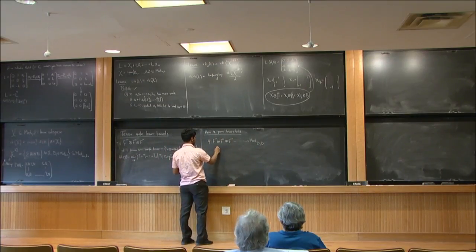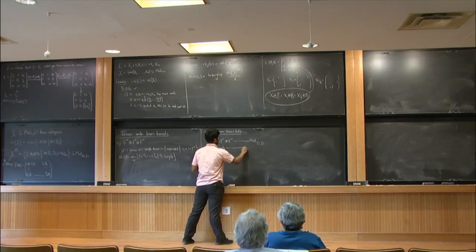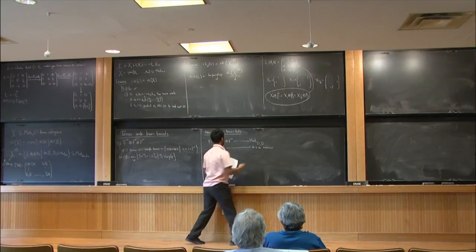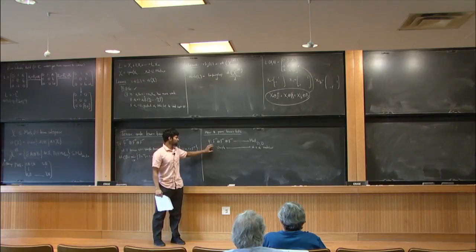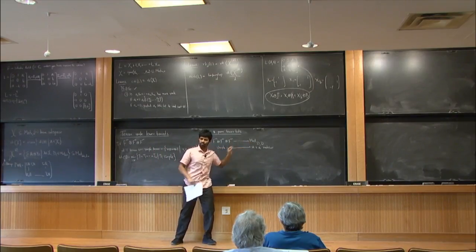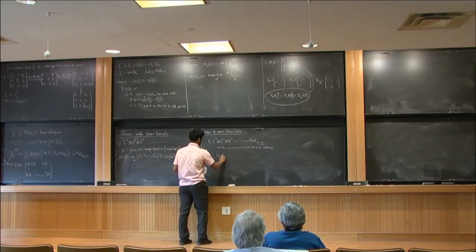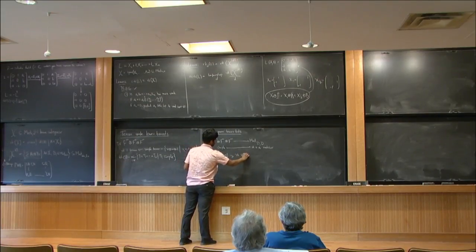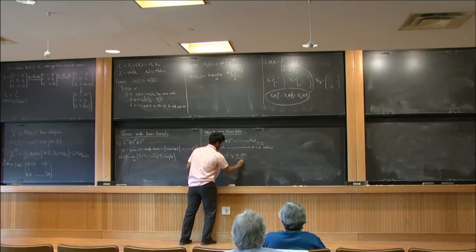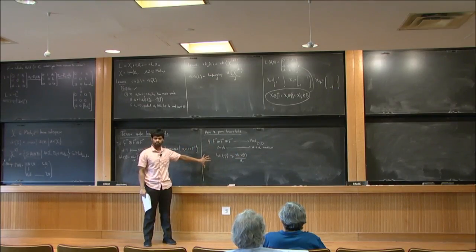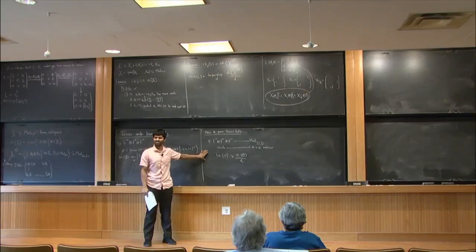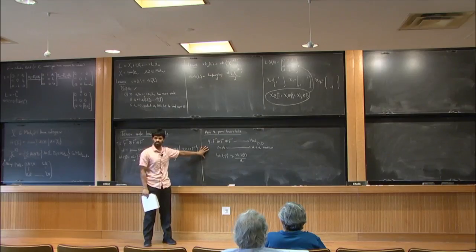Suppose all the simple tensors go to matrices of rank less than or equal to A. This is a map that has the property that every simple tensor goes to a matrix whose rank is at most A. Then I claim the tensor rank of any tensor in here will be greater than or equal to the rank of the matrix that it goes to, divided by A. This follows because matrix rank and tensor rank are both subadditive. Is everybody okay? So we got this.